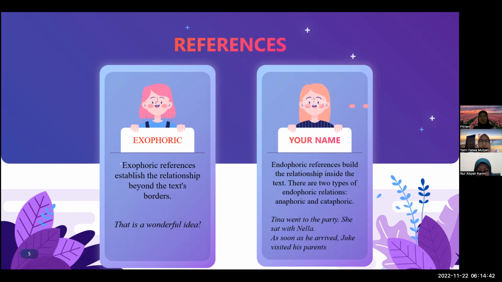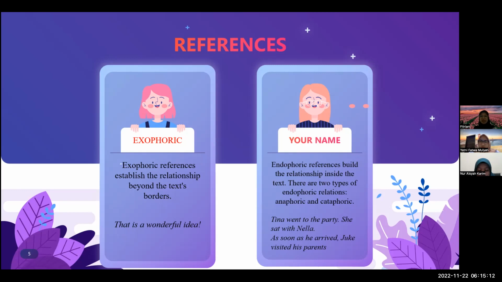There are two types of endophoric relation: anaphoric and cataphoric. Let's look at the example. Tina went to the party. She sat with Nella. In anaphoric, the word "she" replaces the word Tina. This is what we call anaphoric.